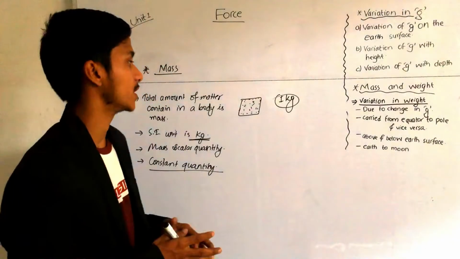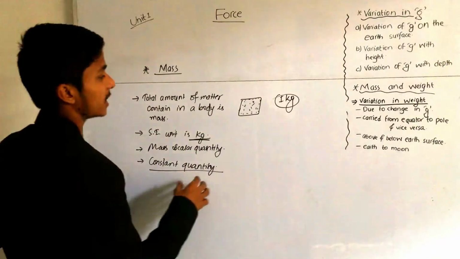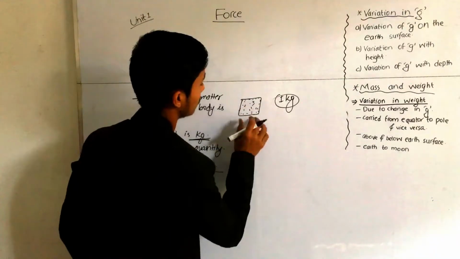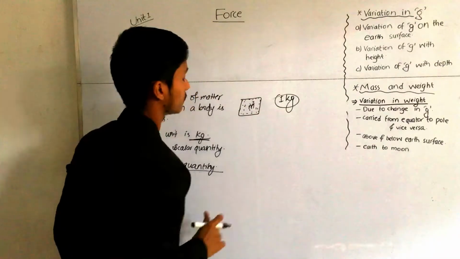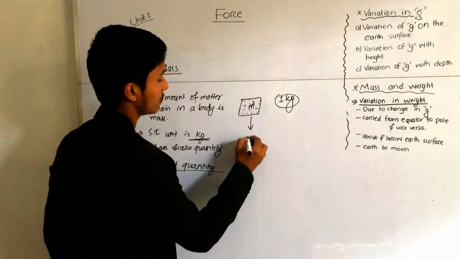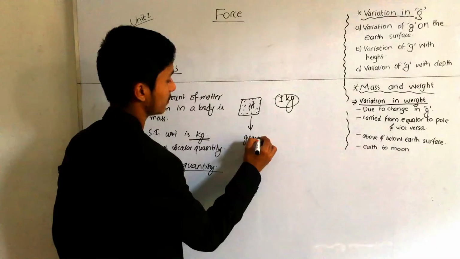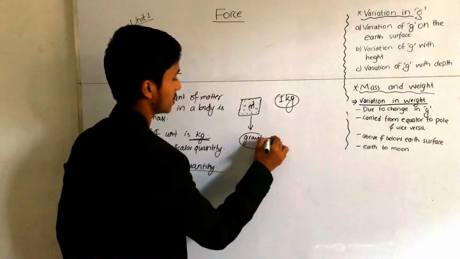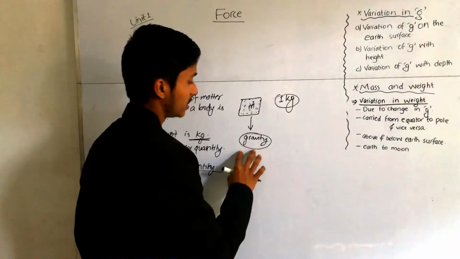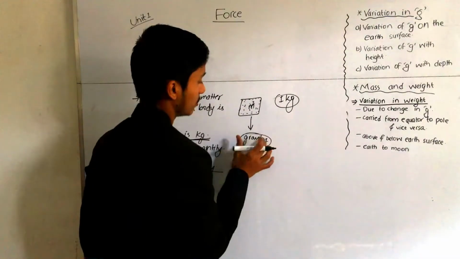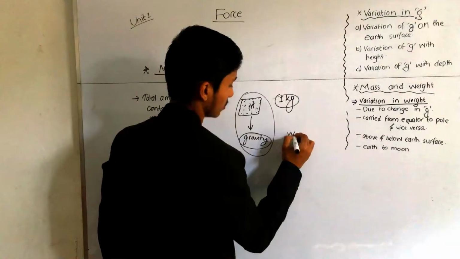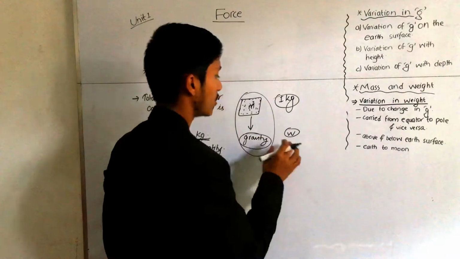What is weight? As we have discussed mass here, the mass of this object is m. When the object is attracted by the force that is gravity, the combination of both will be weight.